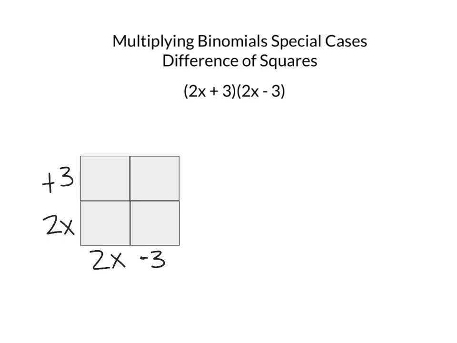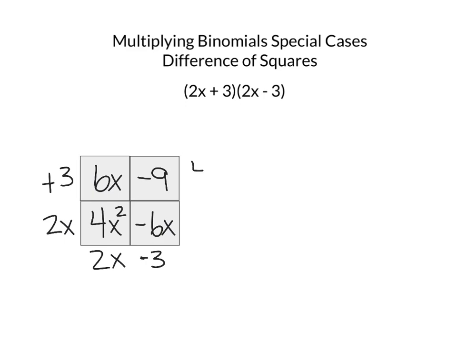So let's start in the bottom left corner. 2x times 2x is 4x squared. 2x times negative 3 is negative 6x. Then I move up to the top left. 3 times 2x is 6x. And lastly, I have 3 times negative 3, which is negative 9.